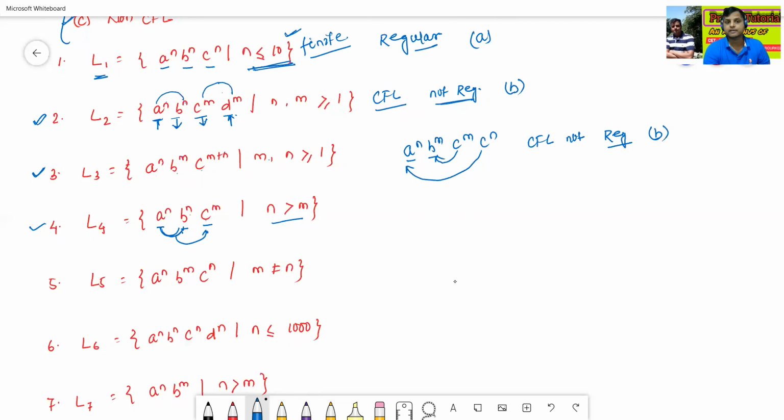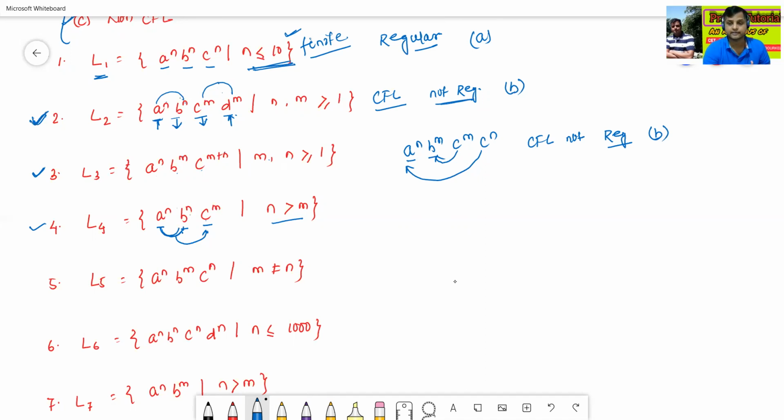Two memories will be required because here n has a relation with m, but in the second question there is no relation between n and m. That's why we can solve the second question using only one memory.